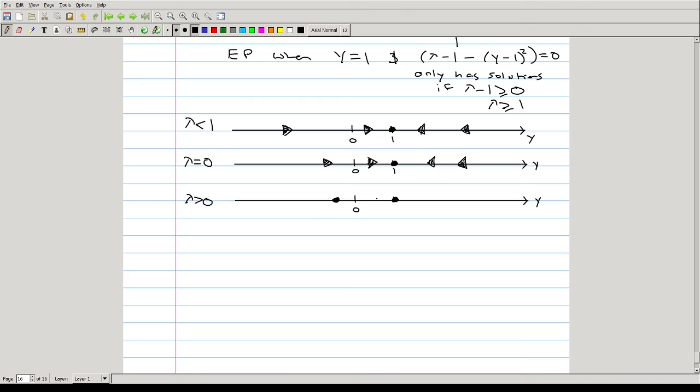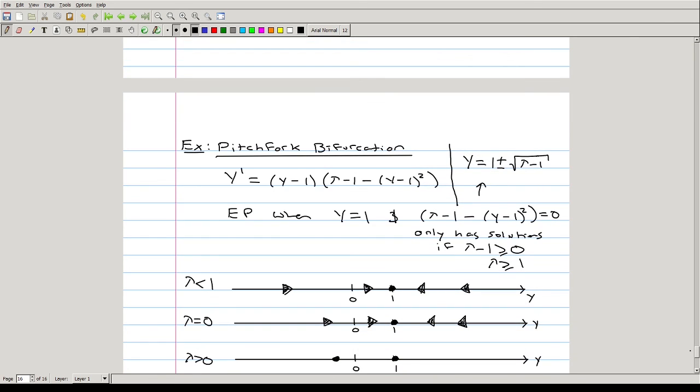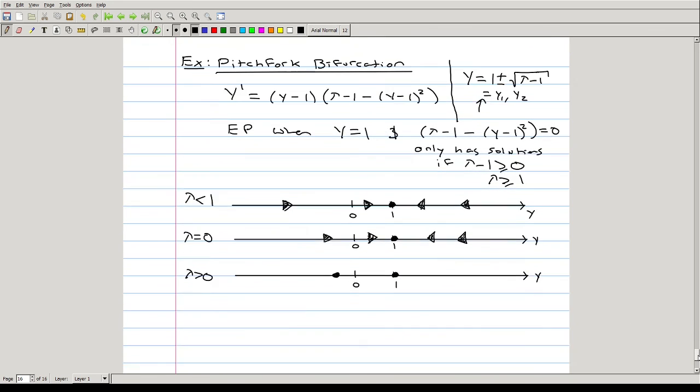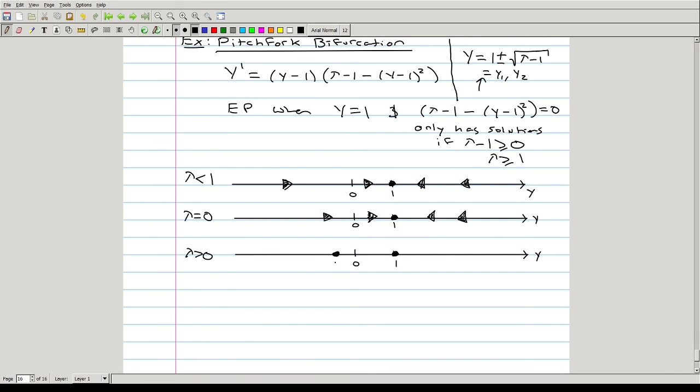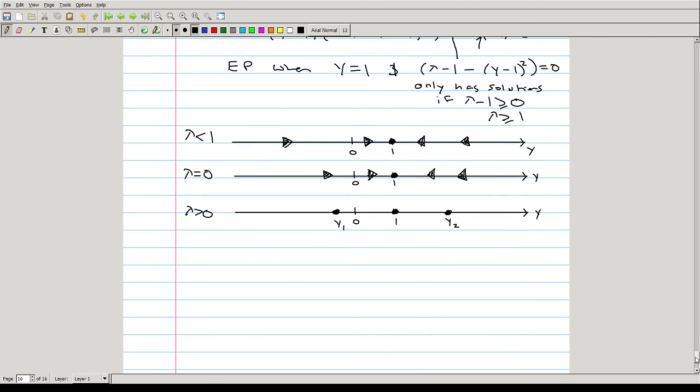One critical value at 1, and I'll call these two roots y1 and y2, the negative root being y1 and the positive one being y2. So you go from having one stable critical value to having 3 critical values.